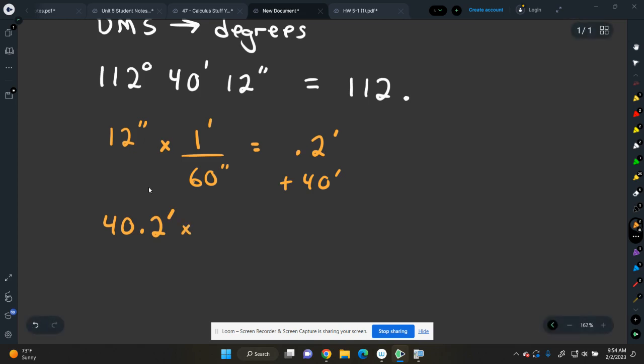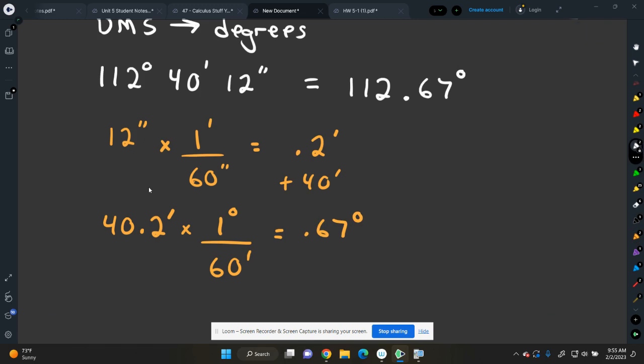And we're going to divide by 60, right? 1 degree has 60 minutes. So 40.2 divided by 60, and we get 0.67 degrees. Okay? So we work backwards. We start with seconds. We divide by 60, we get the minutes. And then we add that to our minutes, and then we divide by 60 and we get the degrees.